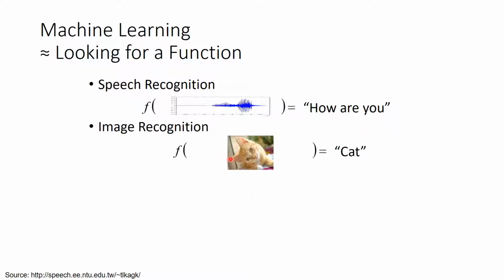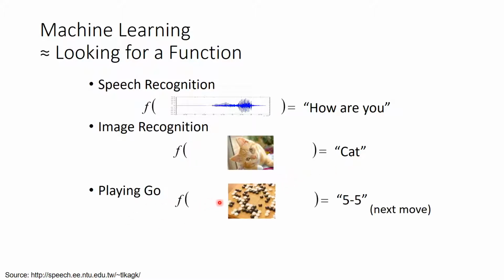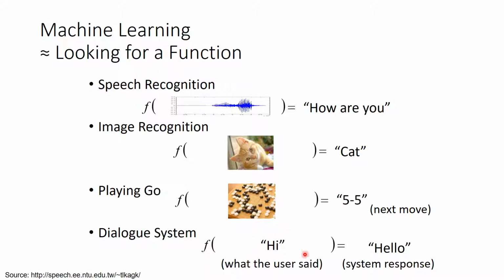Or with an image, you give it an image, and you want to find a function that can tell this figure is a cat. Like playing Go, it will know the next move with some function. And in a dialogue system, when we say hi, it knows with a function to respond hello.